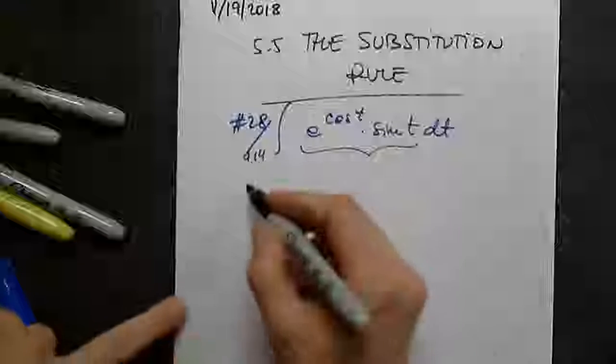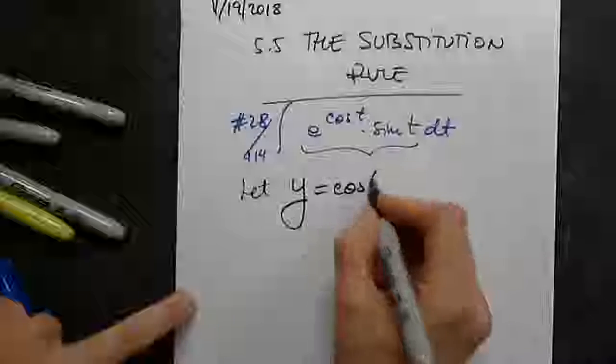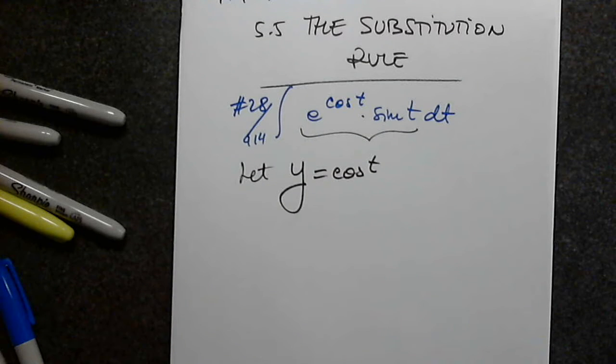So I'm going to say, let y be cosine t, because this is what really bothers me. Sine doesn't. E to a variable doesn't. But cosine t inside e to the t really bothers me.